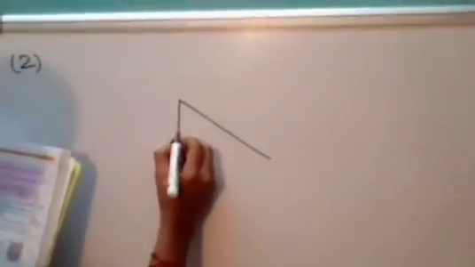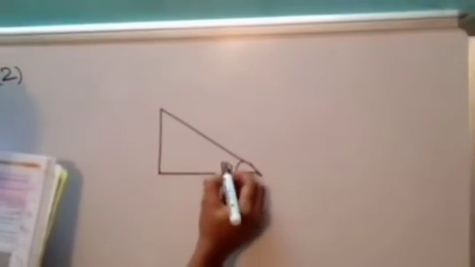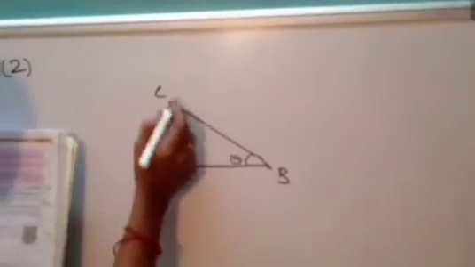A ladder of length x meters is leaning against a wall making angle theta with the ground. Which trigonometric ratio would you like to consider to find the height of the point on the wall at which the ladder is touching? This is the ladder.